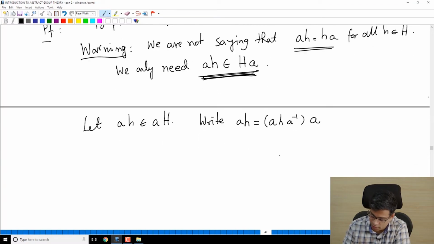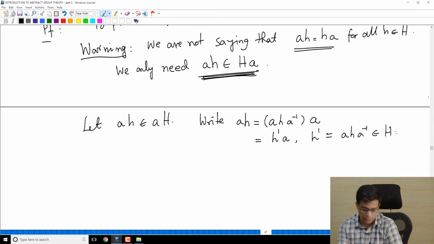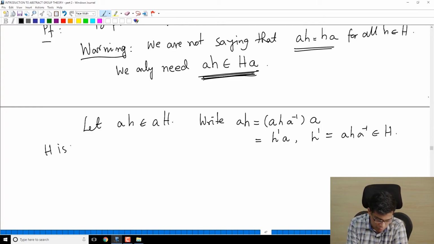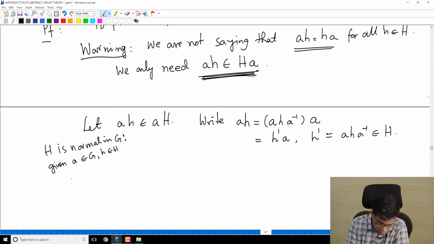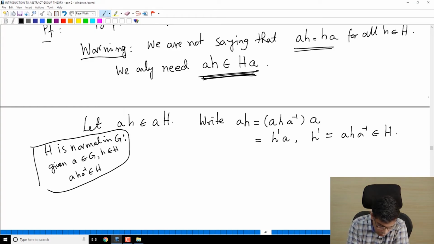So, but then since H is normal in G, this is where we are using the normal hypothesis. Given a in G and h in H, a h a inverse belongs to H, by definition of normal subgroup.